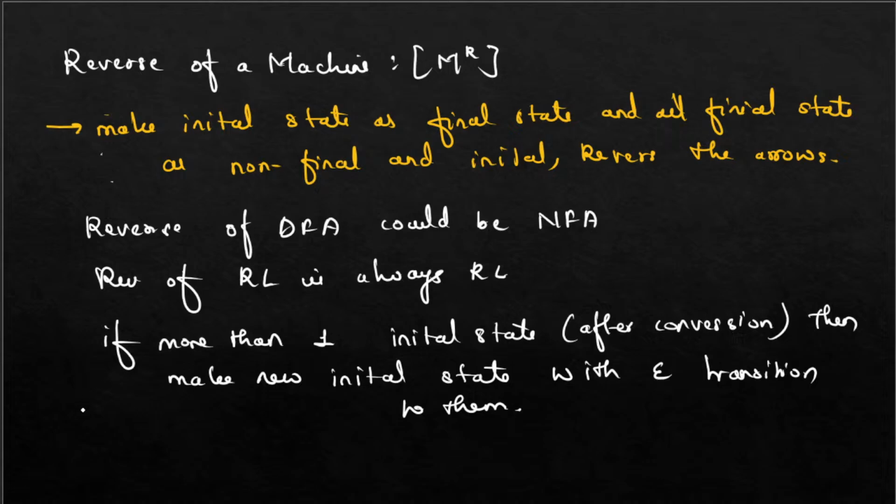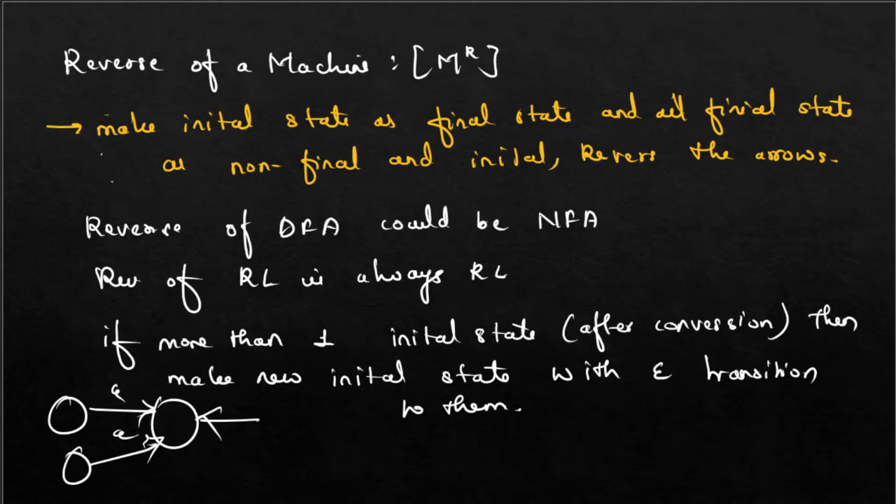That means if this is also initial, this is also initial, so with the epsilon transition, this will be the one initial state, like this. So from the epsilon transition you can make one initial state.